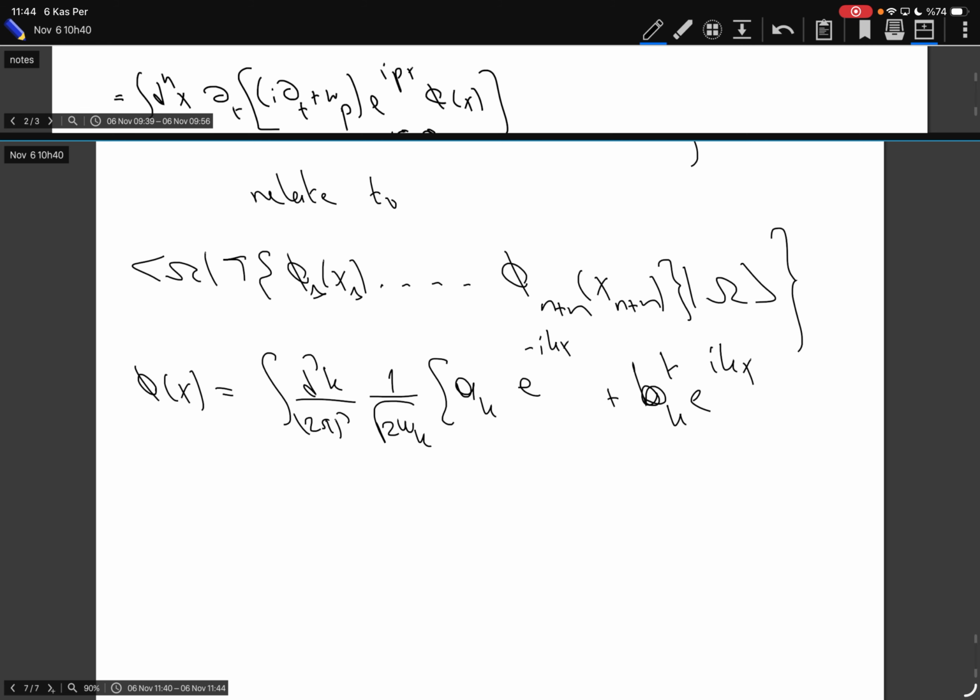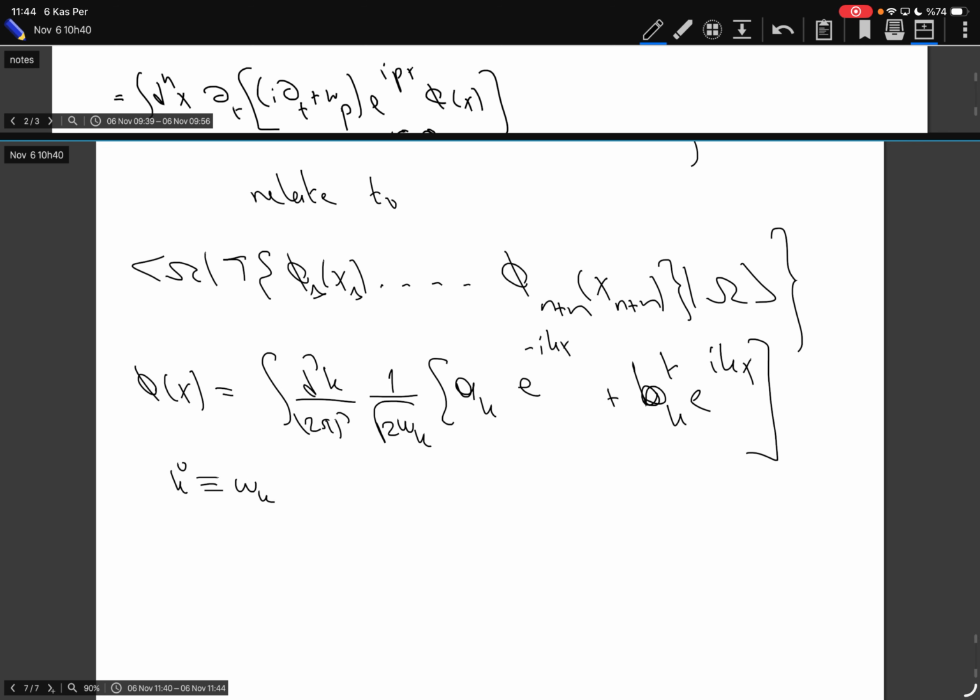B can be a, it can be different, it won't really matter for me. This is my phi. Well, if this was a non-interacting theory, all the time dependence will be in the kx factors, where k0 is omega k.